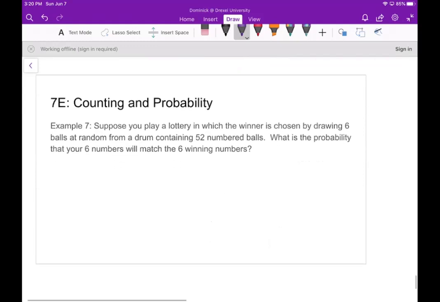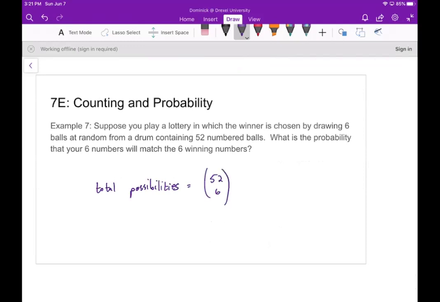Okay, now in this next example, suppose you play a lottery in which the winner is chosen by drawing 6 balls at random from a drum containing 52 numbered balls. What is the probability that your 6 numbers will match the 6 winning numbers? Well, this is very similar to the problem we just did. So the total possibilities would be, we have 52 choose 6, right?